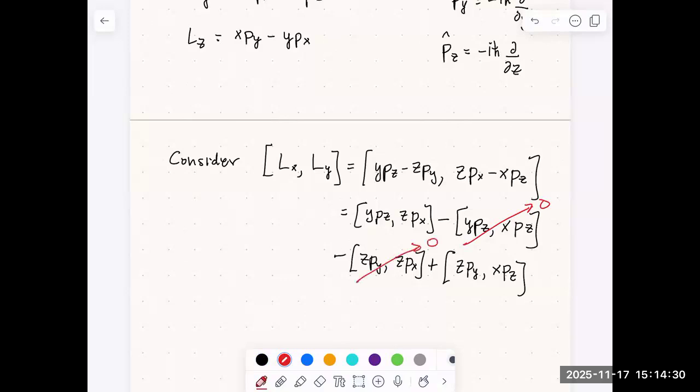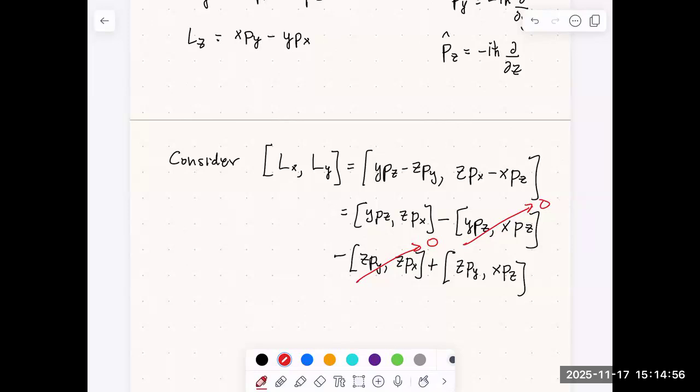The other two we'll have to think about more carefully. Here's a z derivative, and there's a z. So that could be a problem. Here's a z derivative, and there's a z, and so that's going to be a problem. We don't have time to do it right now, but what we'll do on Wednesday is we'll start thinking about these two commutators and seeing what happens.